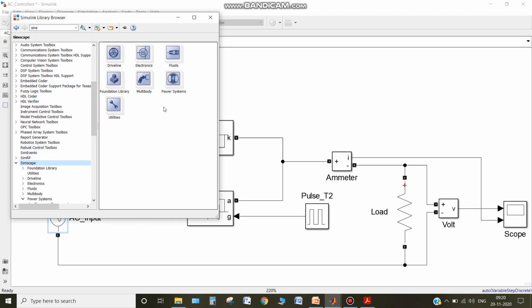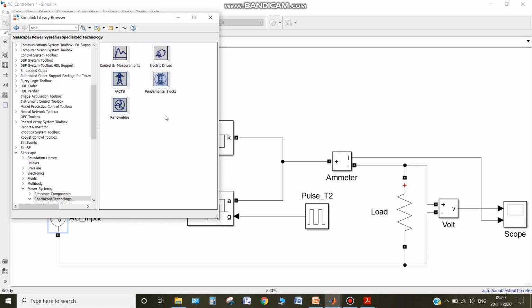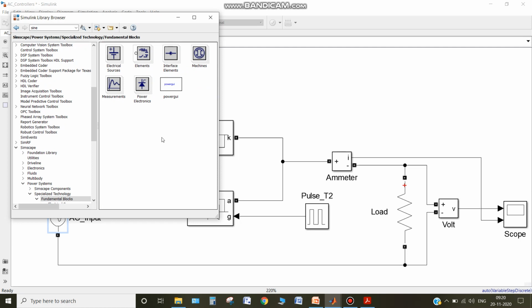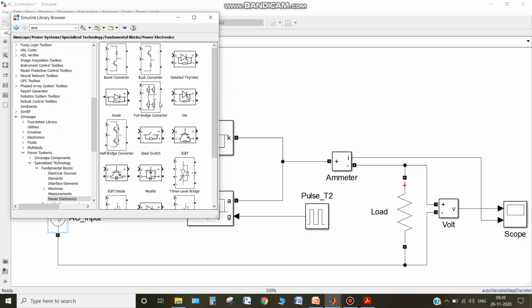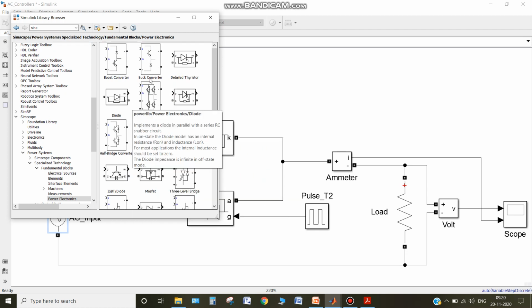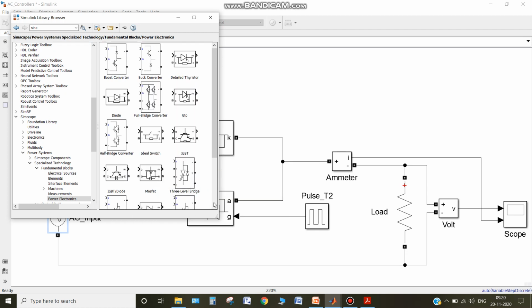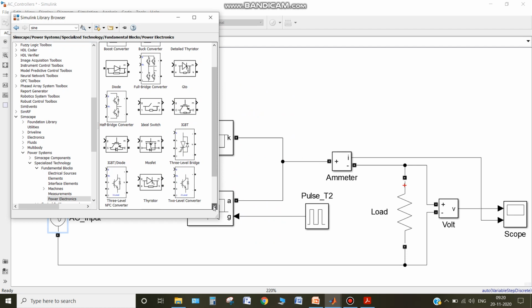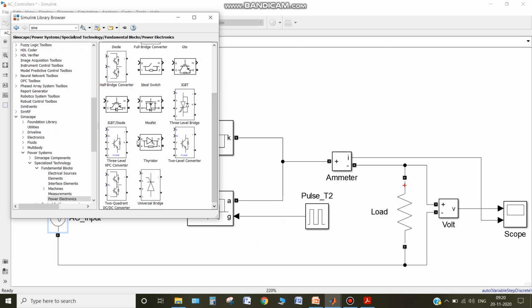Then you go to Power Systems, then Specialized Technology, then Fundamental Blocks. In that library you get the power electronics sub-libraries, where you have the buck converter, boost converter, IGBT switches, MOSFET, and thyristor. This thyristor I have selected to construct the anti-parallel combination.